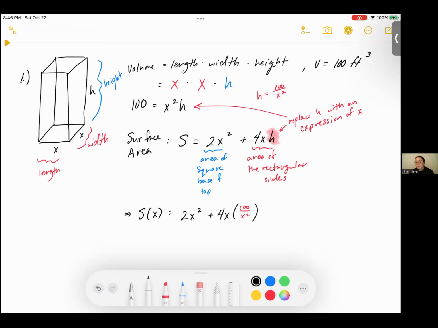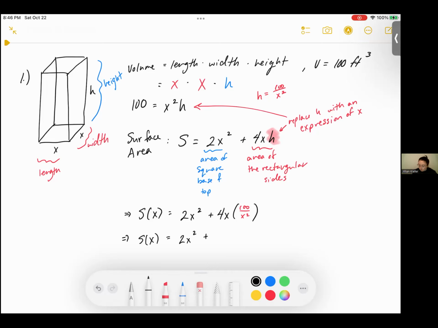So in a case like this, we have 4x times 100 divided by x squared. That's fairly easily simplified. You multiply 4x by the numerator, divide anything that they have in common, and that's how we simplify. So we've got s of x is equal to 2x squared plus, and we multiply 4x by the numerator.